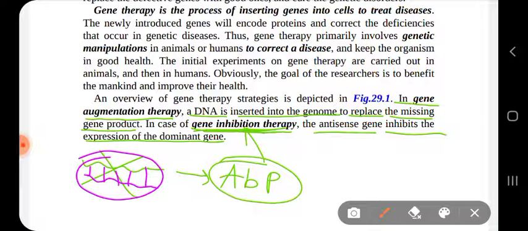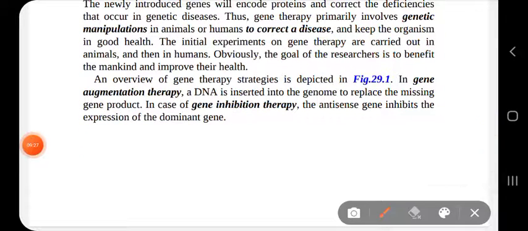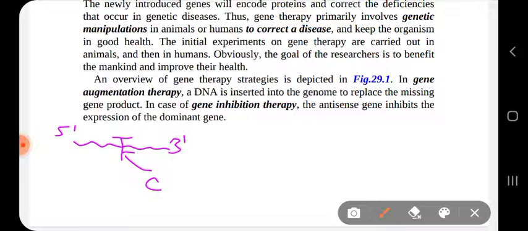That means when the gene is transcribing into RNA, for instance, suppose this is your normal gene, and it used to be T in that particular place, but it has now been substituted by C, and that makes the gene abnormal and malfunctional. Or it is overexpressing, not controlling the regulation of that particular gene product. So an abnormal gene product, an abnormal protein, is being produced.